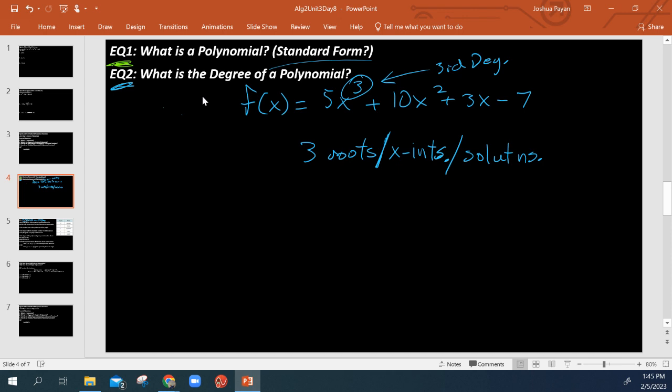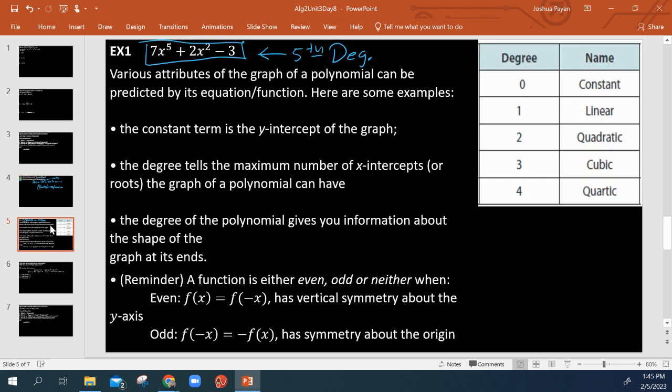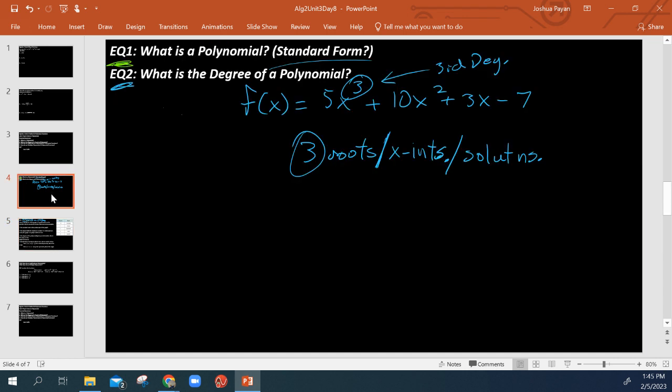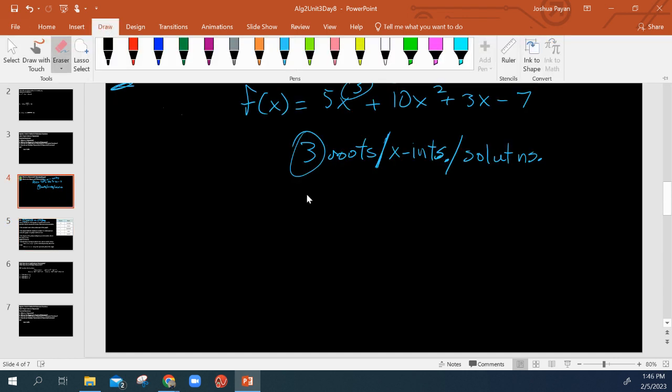So anytime you hear me throw those words around, intercepts, roots, solutions, the degree of the polynomial tells you how many there's going to be. Quadratics, for example, are second degree polynomials, and they always have two roots, solutions, or intercepts. This one right here, because it's third degree, has three of them. This example that I first showed you, because it's fifth degree, would have five intercepts or roots or solutions, respectively.